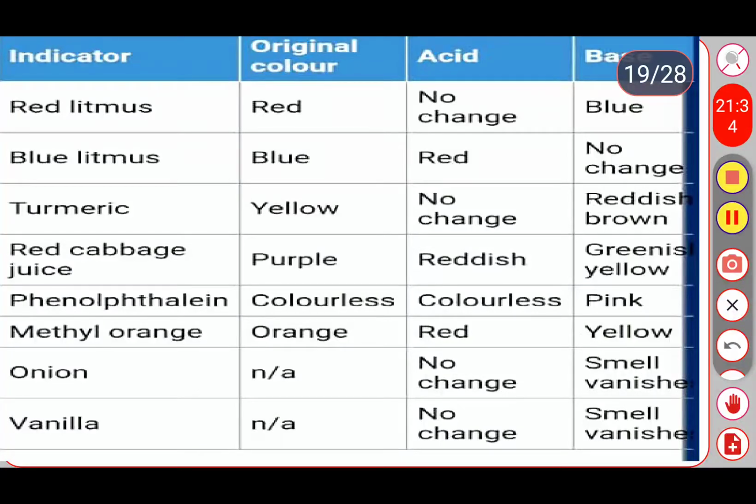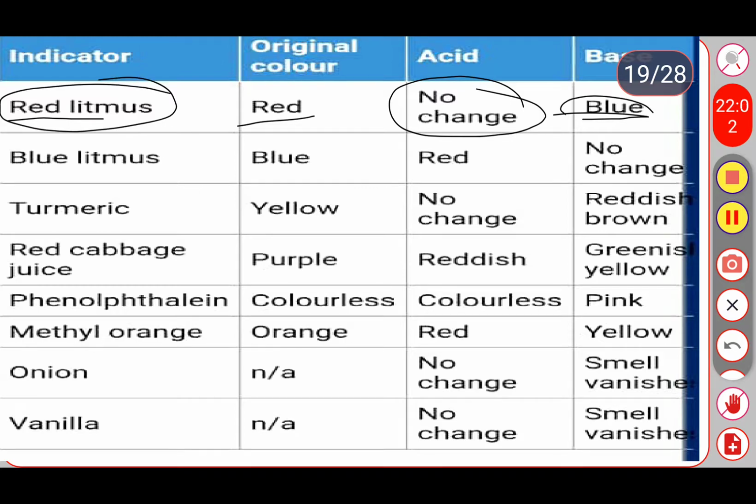First one, red litmus. The original color of the indicator is red. It shows no change in acidic solution but turns blue in basic solution.